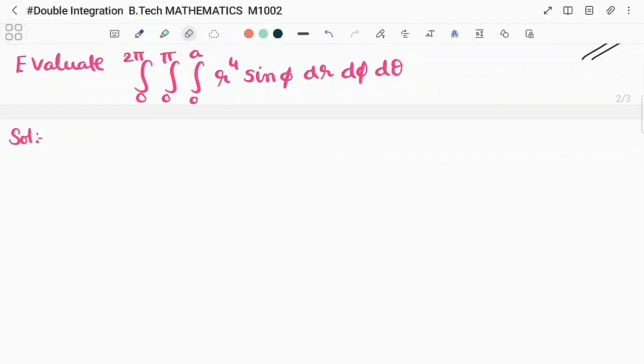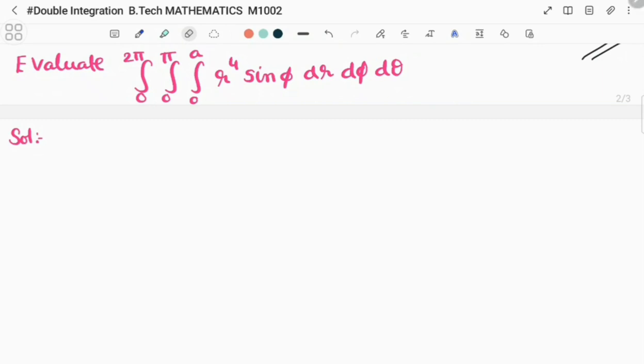The next question, dear students. Evaluate integral 0 to 2 pi, 0 to pi, 0 to a, r power 4 sin phi, dr, d phi, d theta.